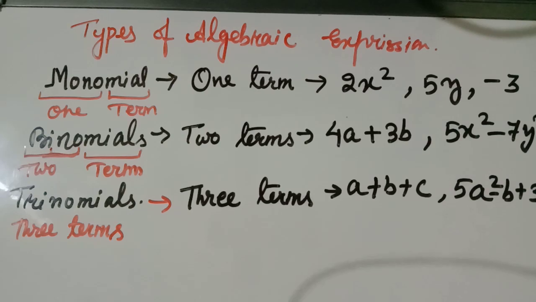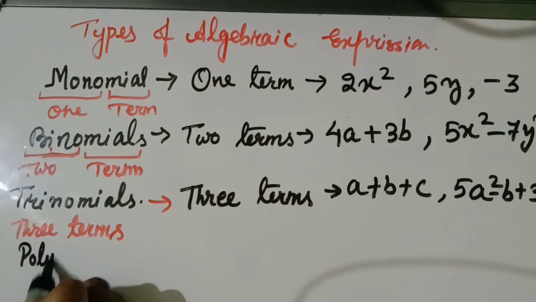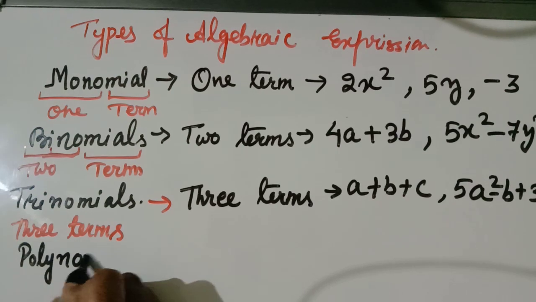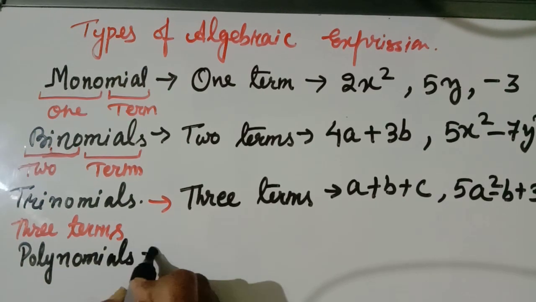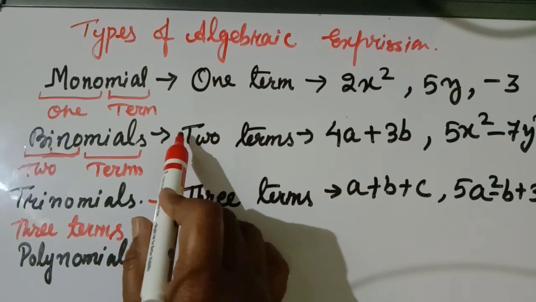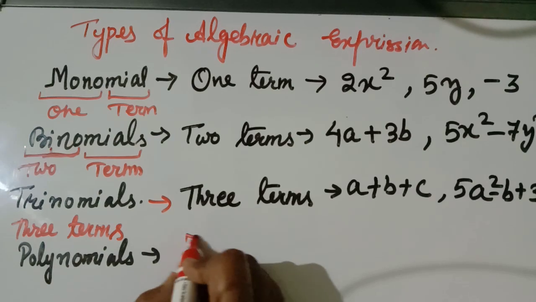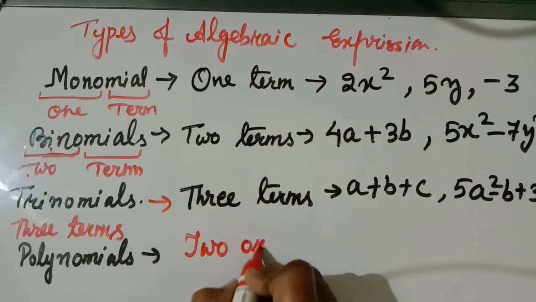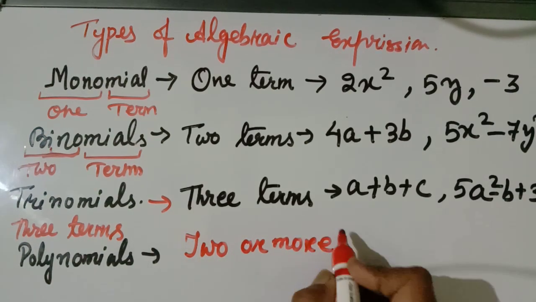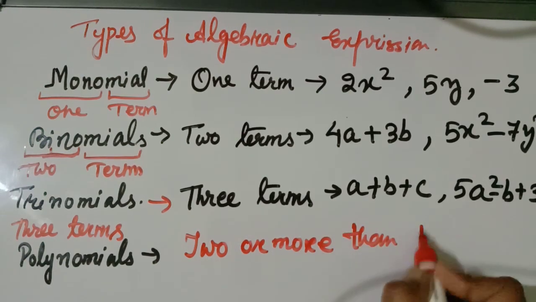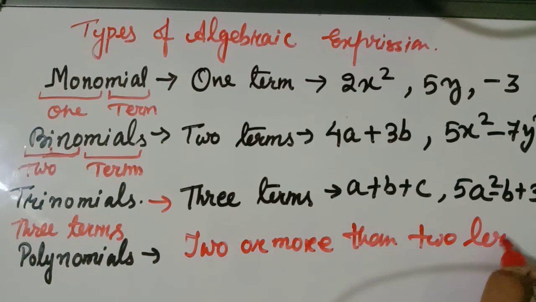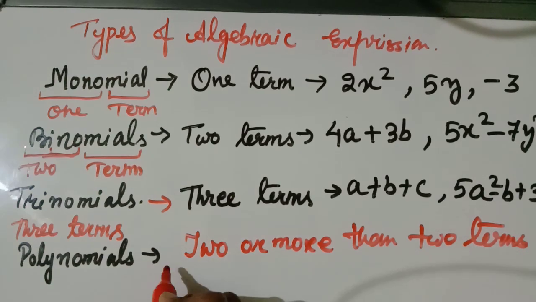Understood? Now, the last thing is polynomial. Polynomial means the expression which contains 2 or more than 2 terms. Expressions with more than 2 terms are known as polynomials.